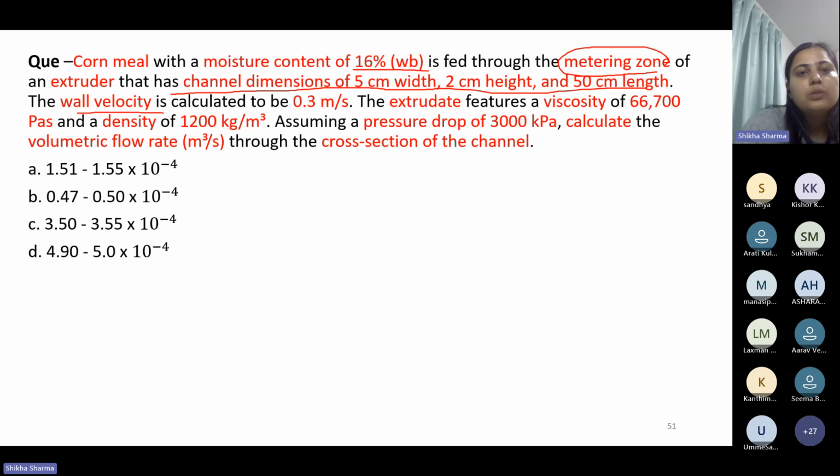The wall velocity is 0.3 meter per second, and the extrudate has a viscosity of 66,700 pascal second. The density is 1200 kg per meter cube. The pressure drop is 3000 kilopascal. We need to calculate the volumetric flow rate in meter cube per second flowing through the cross section of the channel.